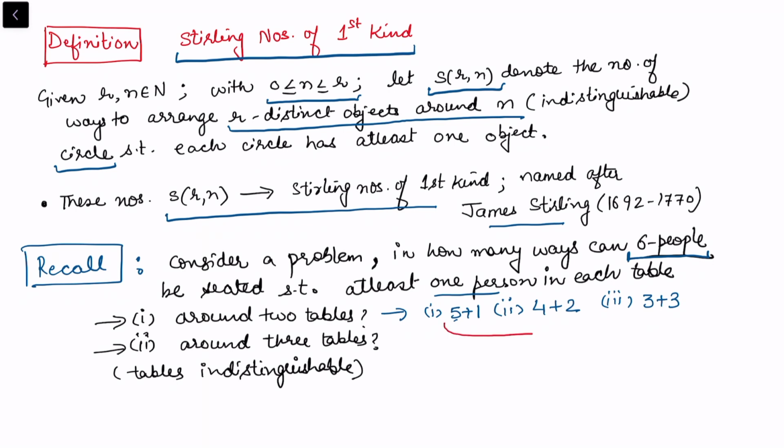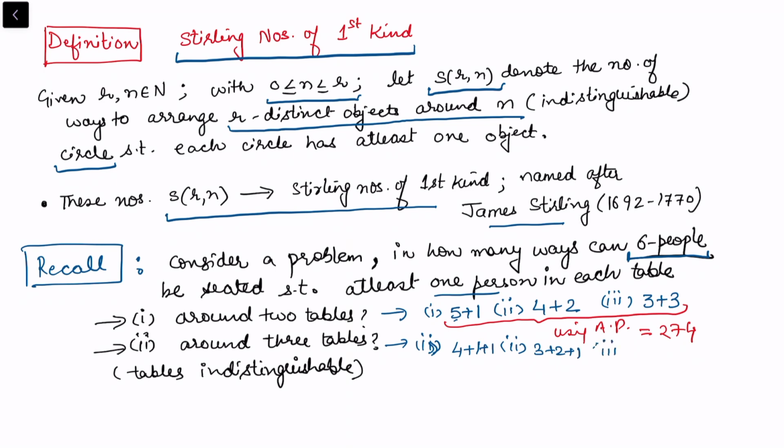When we count the number of ways altogether using the addition principle, this number comes out to be 274. Similarly, in the second case, we want around 3 tables, so we can have possibilities like 1 plus 1 plus 4, and then a sub case could be 3 plus 2 plus 1. And finally, the last case could be that at each table there are 2 persons.